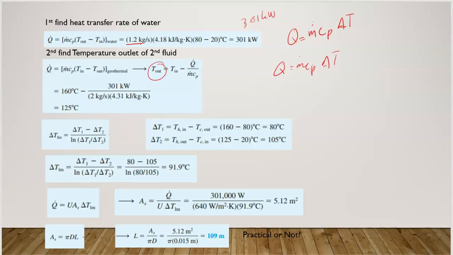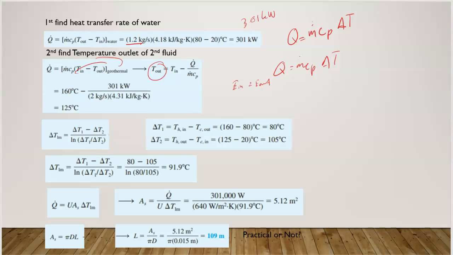So rearranging the formula, we have T in minus Q over m Cp, because Q is the same. Heat is being transferred, and it is the same. Here the minus and positive sign is ignored, because it is equal. This is E in equal to E out. This is the energy balance actually. So Q is the same.